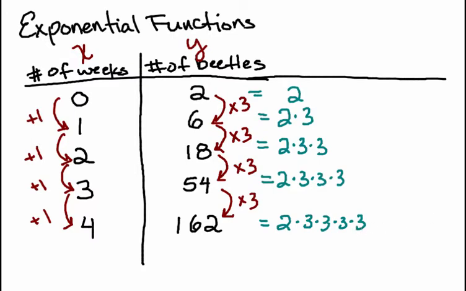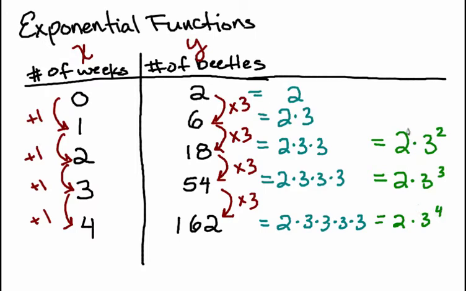Well, we know that there's a better way to write this. We can write these with exponential form. So I'm going to start here where there's 2 3's multiplied together. I can write this as 2 times 3 squared. And this third week I can write as 2 times 3 cubed. The fourth week I can write as 2 times 3 to the fourth.